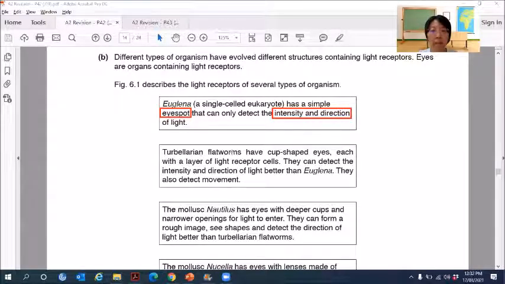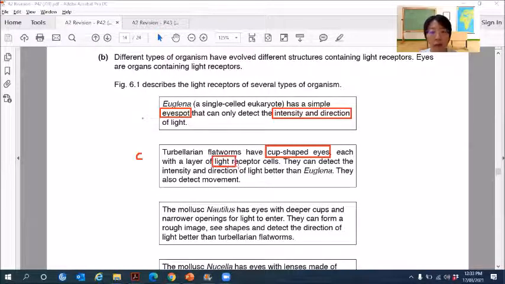Next, Turbellarian flatworms, they start to have cup-shaped eyes. Instead of one dot, they've got cup-shaped eyes, each with a layer of light receptor cells.